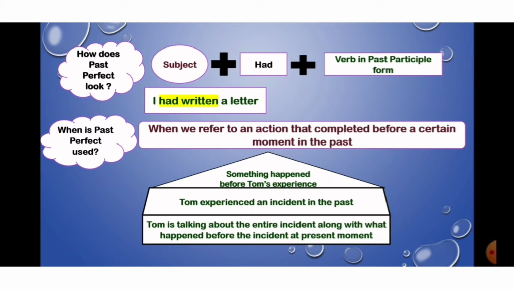Now let's deal with the most controversial question: when is past perfect used? When we refer to an action that completed before a certain moment in the past, we will use past perfect tense. Let's understand the concept through the structure drawn below.